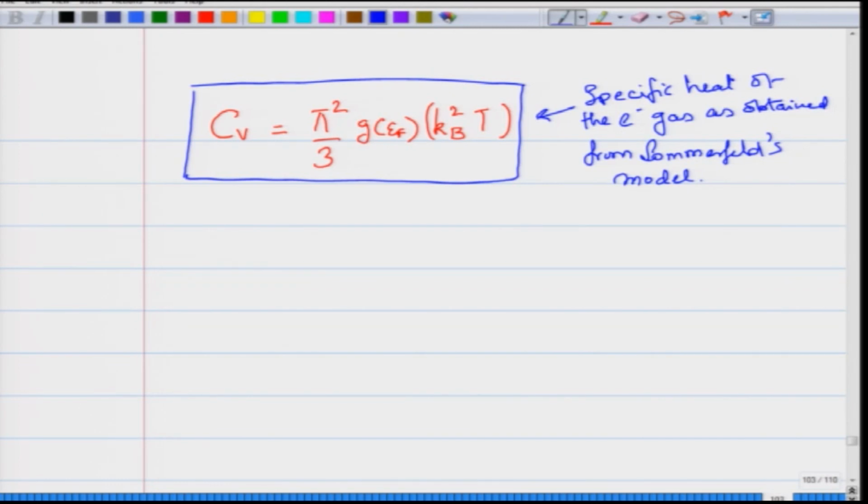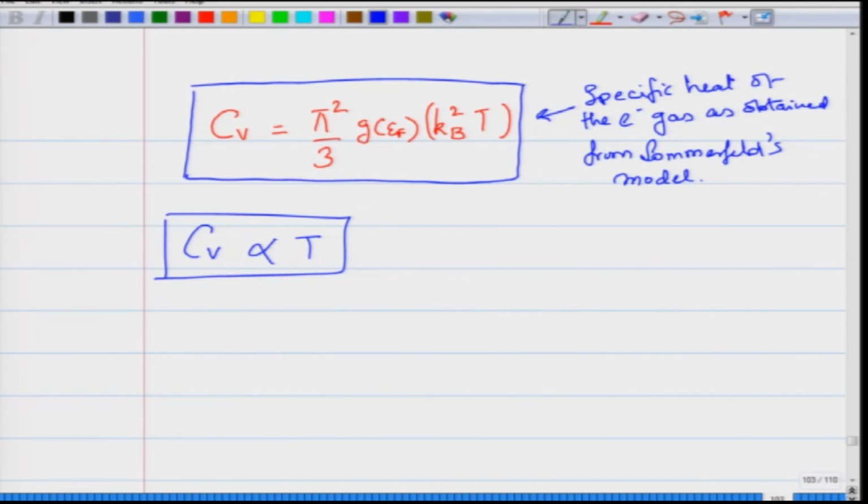The first thing that you see from this is that the specific heat Cv is proportional to temperature, just as it was expected and was seen in the experiments that at very low temperatures, when you remove the contributions which are coming from the vibrating ionic lattice, what remains is only the specific heat of the electrons. And if you look at the temperature dependence of the specific heat of the electrons, it is linearly dependent on temperature, and that comes out directly from the Sommerfeld's model. So, this is one of the major successes of the Sommerfeld's model.